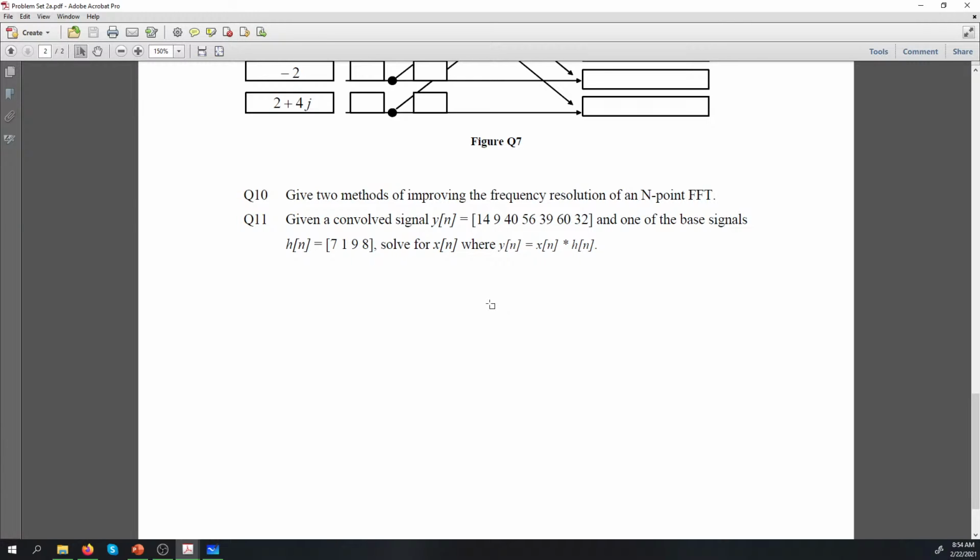So remember, you need to start with figuring out what's going to be the length of x of n, and then use the convolution table in reverse to solve for x of n. Alright.